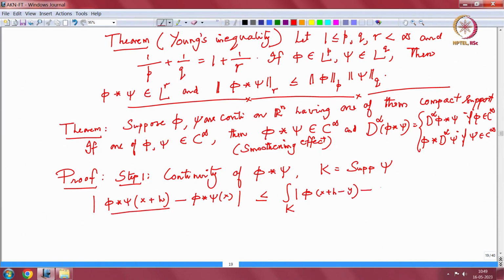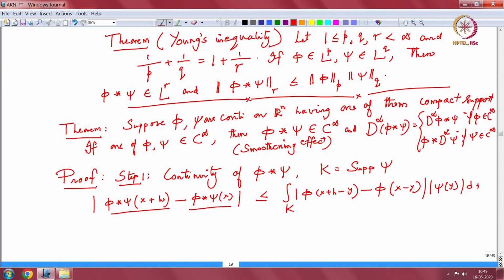So, you have to do minus. You write down the definitions. Minus phi of x minus y, this is coming from here, and then modulus of psi of y.